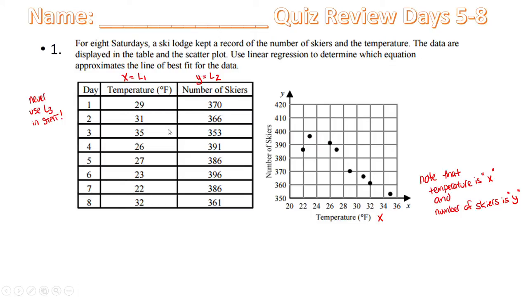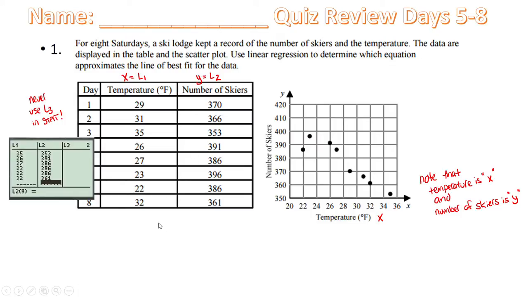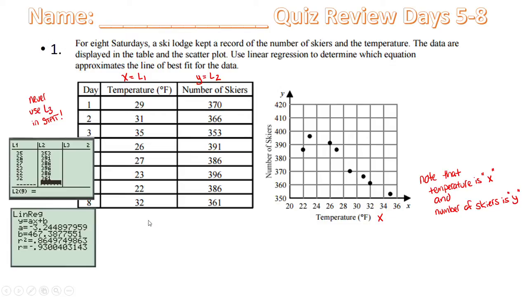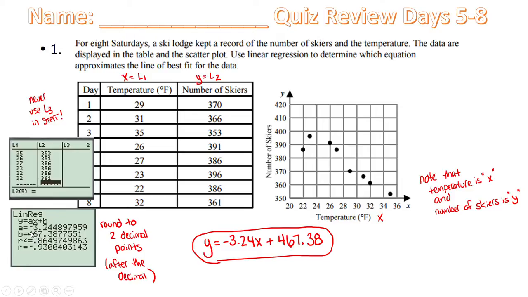So if you type all this into L1, L2 like this, and do stat calc 4, you're going to get a crazy equation. The next thing you want to focus on is to only go 2 decimal places if you see a crazy equation like this. If you only go 2 decimal places and round, then I'm going to pick out negative 3.24x plus 467.38, and that'll work just fine for my equation.